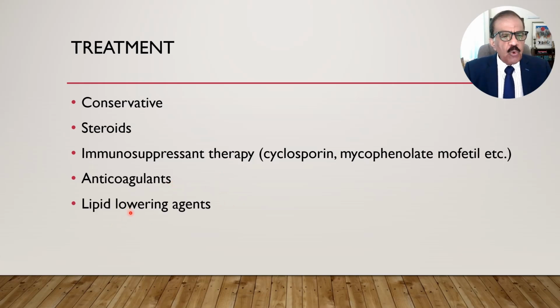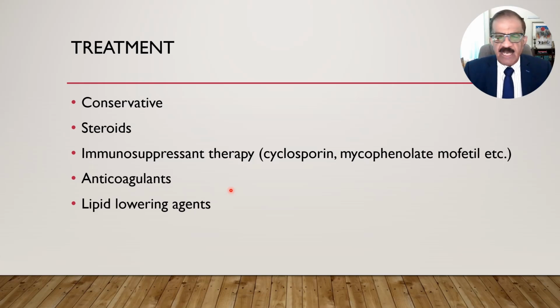Then lipid lowering agents. Of course, these patients, once they are controlled, you can expect long life, and you have to protect their heart and the brain from atherosclerotic cardiovascular disease. So I think you should treat their hyperlipidemia as you treat any other hyperlipidemia, like you would give statins.